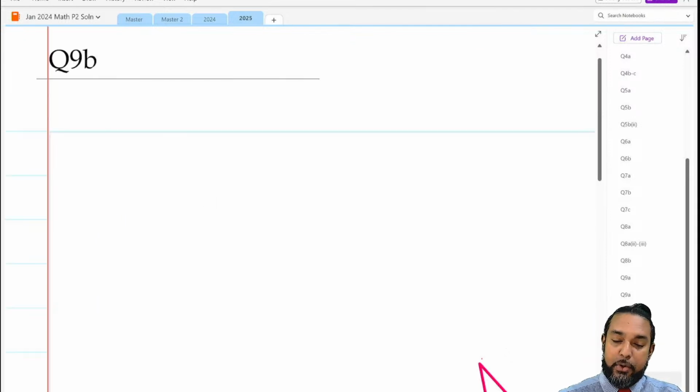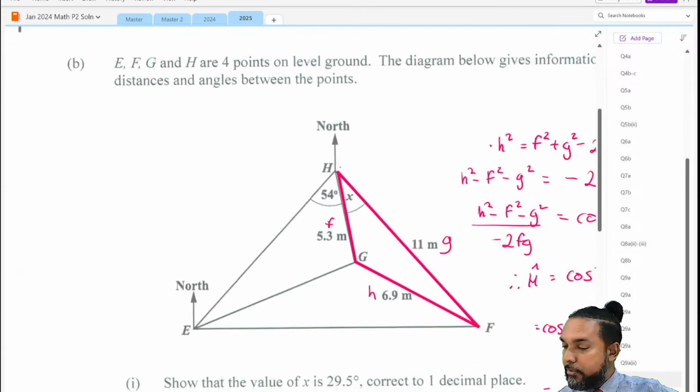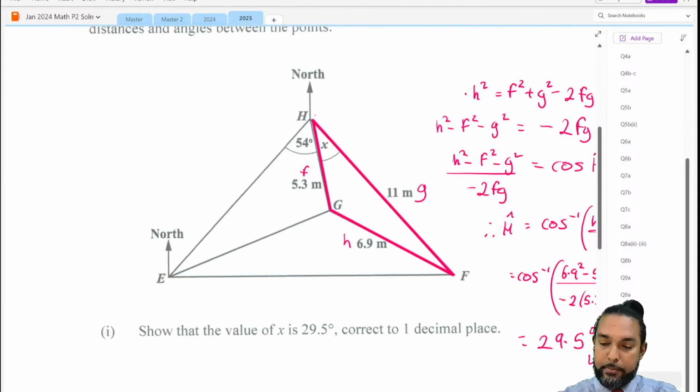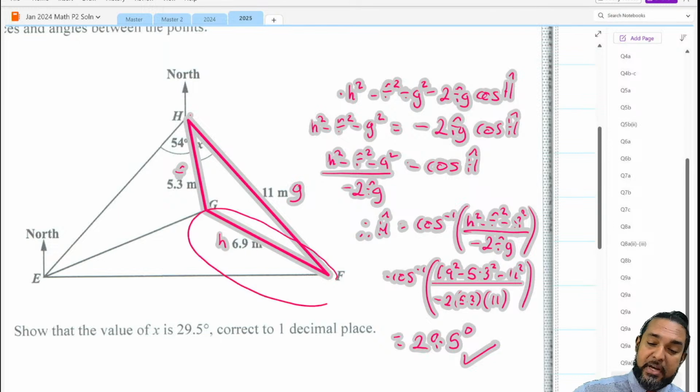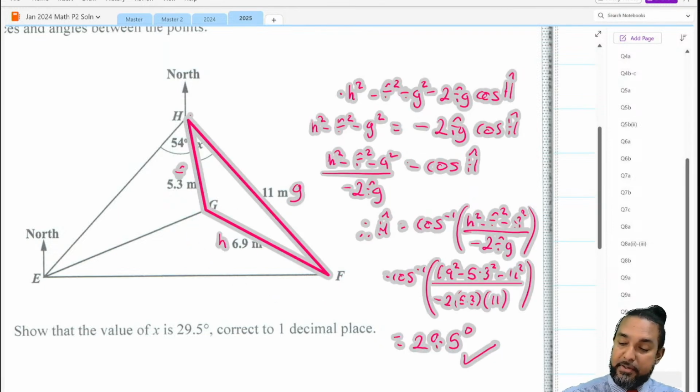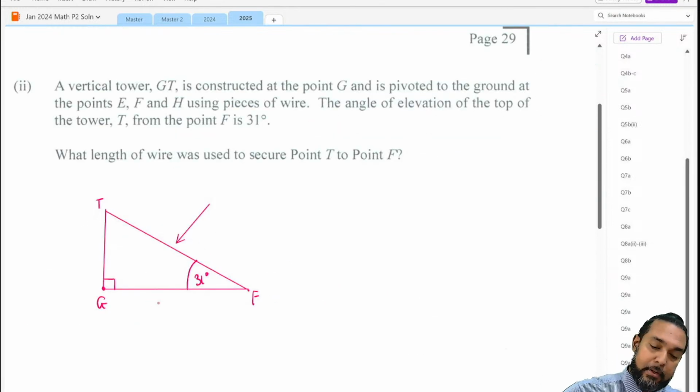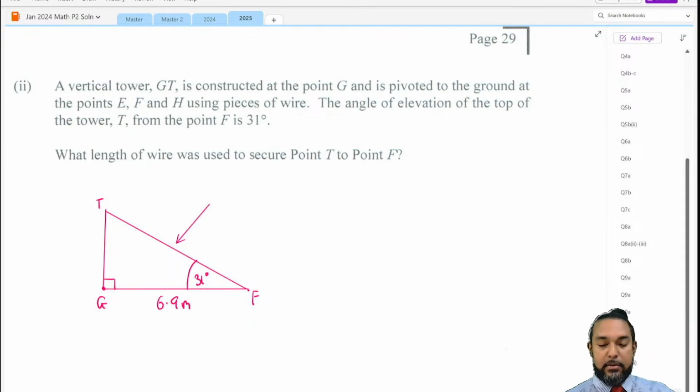Now we have to go back to the question, see what information we do have. Okay, cool. We have the distance from F to G. That's 6.9 meters. Okay, let's go back here and put it at 6.9 meters. Okay, so the length we want is the hypotenuse.